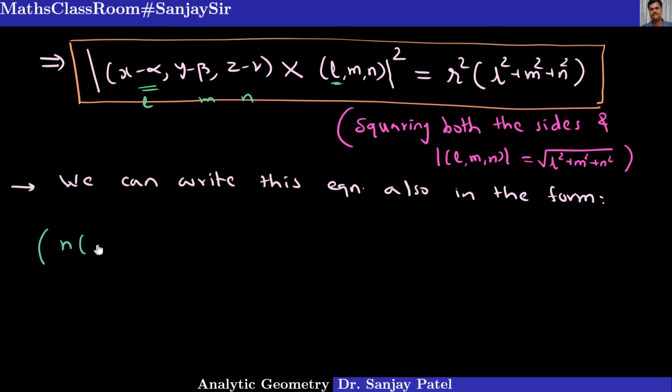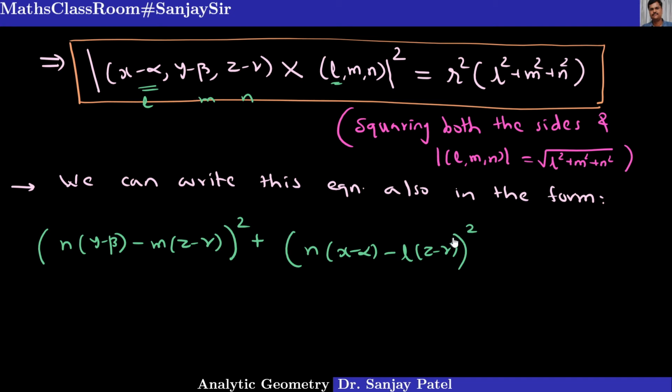That gives me n into y minus beta minus m into z minus gamma, this square, plus n into x minus alpha minus L into z minus gamma, this square, okay, plus, hiding these terms and taking the determinant of these four numbers, we get m into x minus alpha minus L into y minus beta whole square.